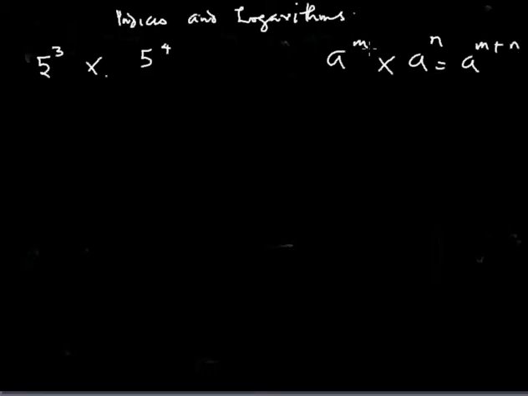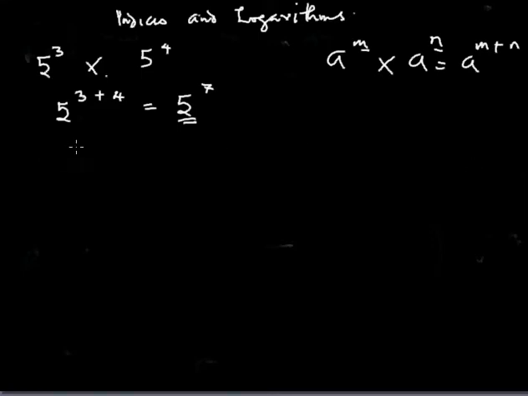Can you see the 3 is equivalent to m and the 4 is equivalent to n? So what we have now is 5 raised to power 3 plus 4, which is equal to 5 raised to power 7. It's very easy. Can you see that?